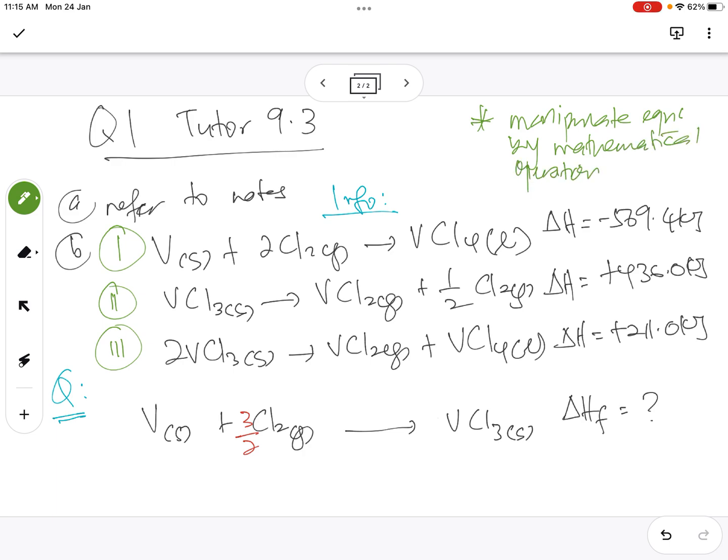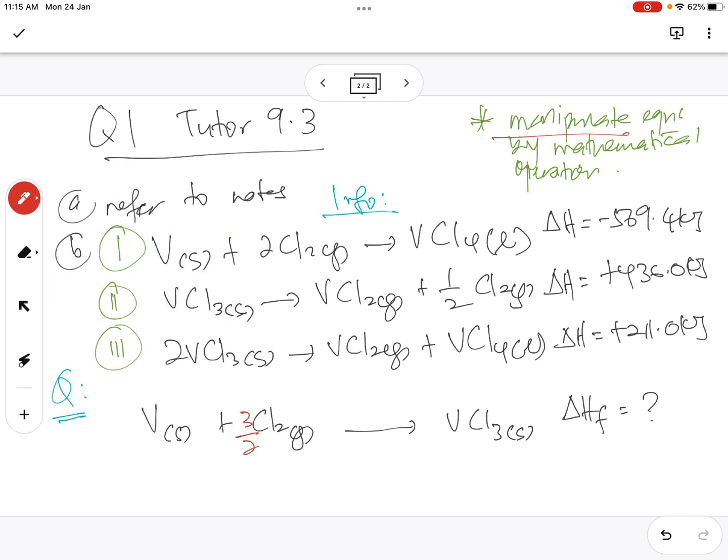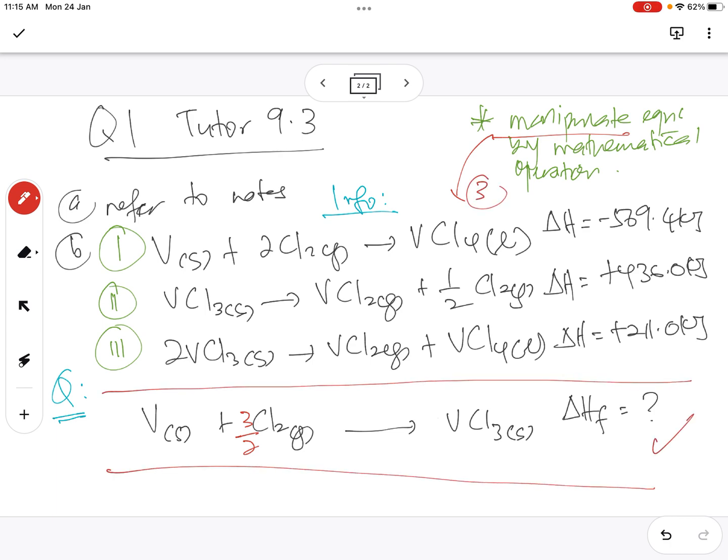Okay? Why do we have to manipulate? We manipulate so that when we manipulate all three equations, we will get this final equation.